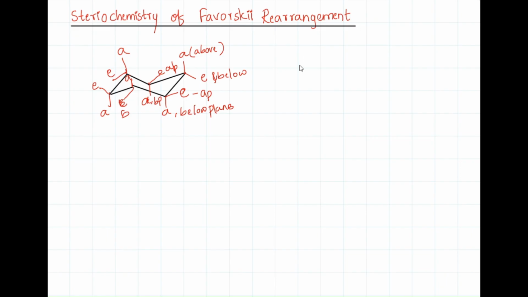We know that bulkier groups are always in the equatorial position. We know that in stereochemistry, bulky groups are always in the equatorial position, right?